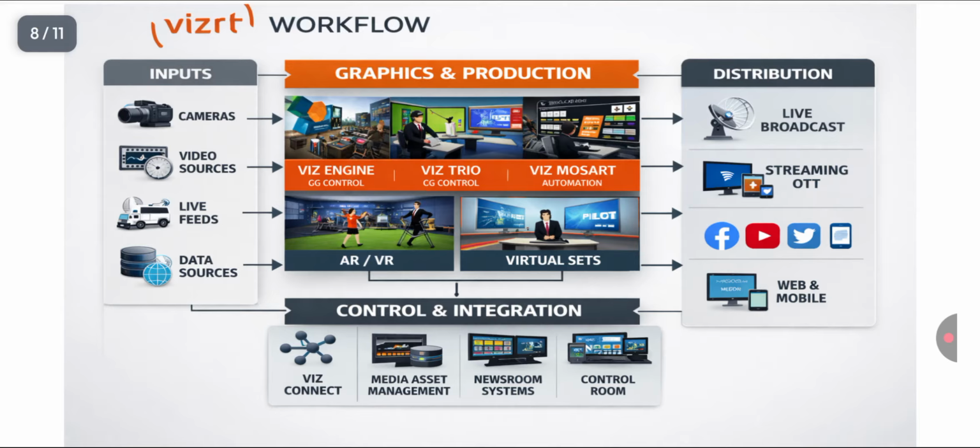Viz Trio we will see right now, Viz Mosart and AR, VR, virtual sets, controls and integrations, which connect media asset management, newsroom systems, and control room. And from here the distribution side: live broadcast, streaming, OTT, Facebook, YouTube, Twitter, and web and mobile. So this is the general workflow.